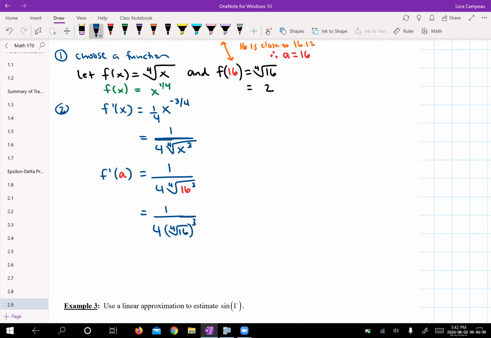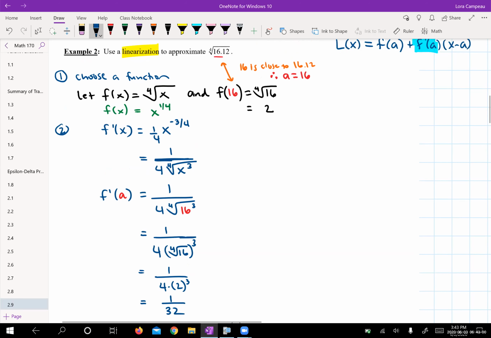Very useful. So the 4th root of 16, my friends, we figured out it was 2. So then if we calculate this, 4 times 2 cubed, 2 cubed is 8, 4 times 8 is 32, so we have 1 over 32. That's going to be the slope for us.